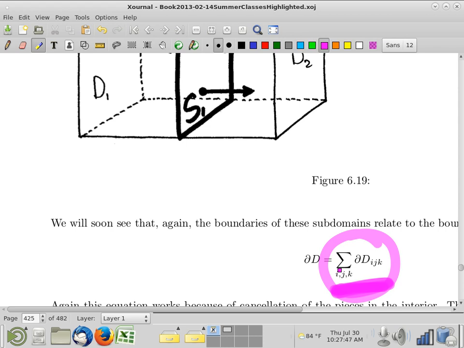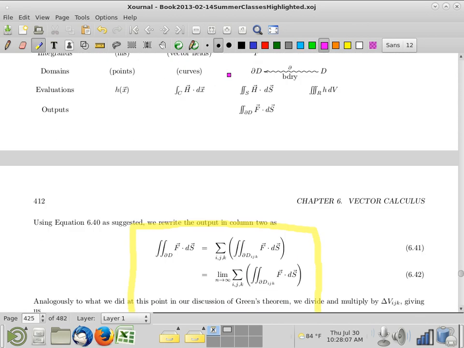But each one of those interior faces appears twice with opposite signs, and so in the summation, cancels. And all that's left is the ones that aren't shared, namely the ones that are on the actual boundary of the actual solid. Okay. So that is what allows me to make this next argument here.